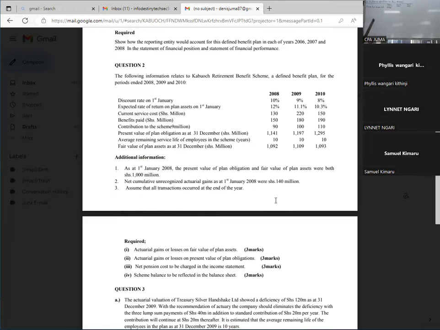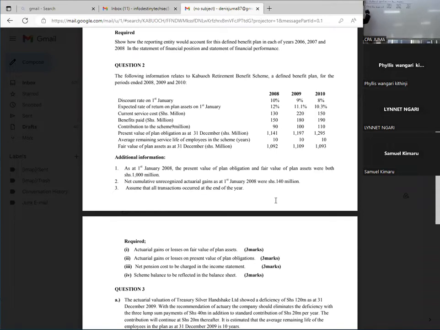Can you go to carried down 2008? It will be the opening of 2009. Where are the carried downs? Down there, before additional information. 1092. That will be the opening in 2009. Closing 2009 rolls to 2010, 1109. Closing this year becomes the opening.